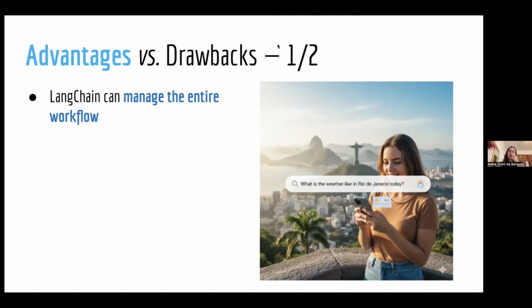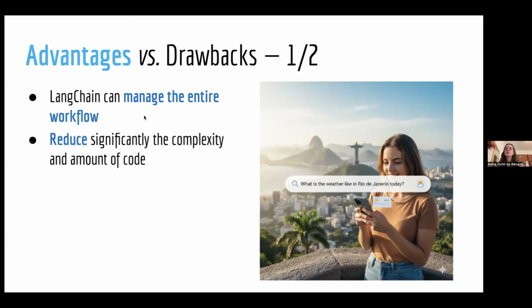And so without Langchain, the developer would have to manually do the API calls. They would have to format the results. And so Langchain really does this with much less code and therefore less complexity.